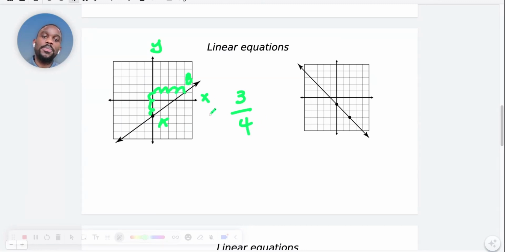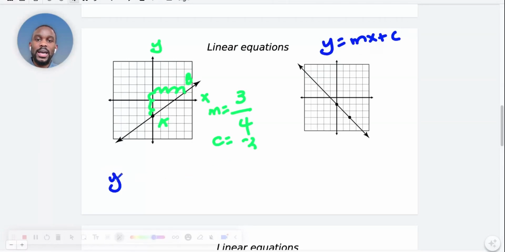So it's going to be 4. So my slope is going to be 3 out of 4. But we already got my c. c is -2, right? Meaning the equation of the line is y = mx + c. We know our m, we know our c. So this equation of the line will be y = 3/4 x - 2, because the y-intercept is a negative, right?